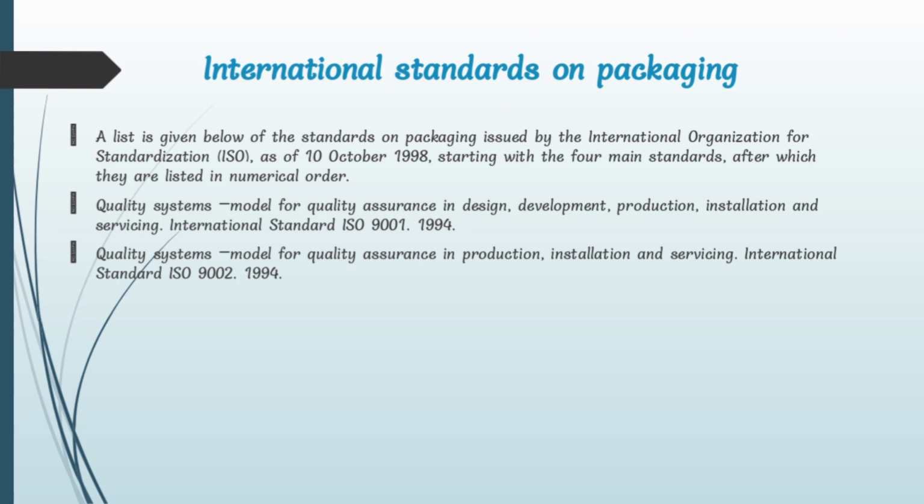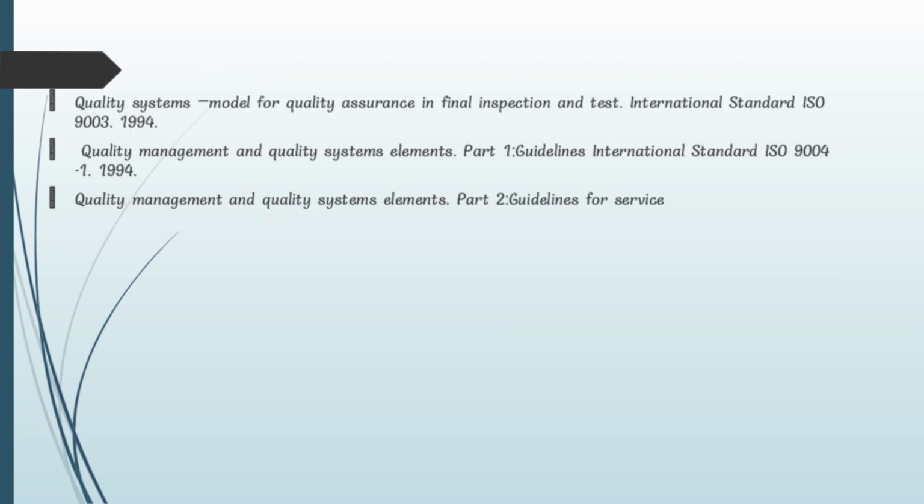First is quality system, model for quality assurance in design, development, production, installation and servicing, ISO 9001 in 1994. Then quality system, model for quality assurance in production, installation and servicing, ISO 9002 in 1994.